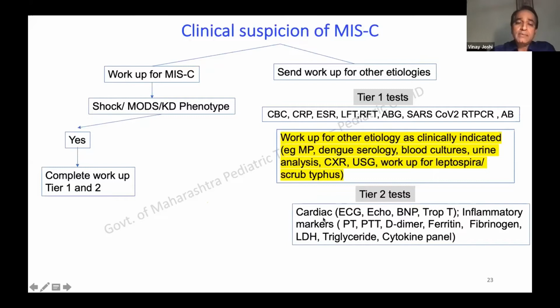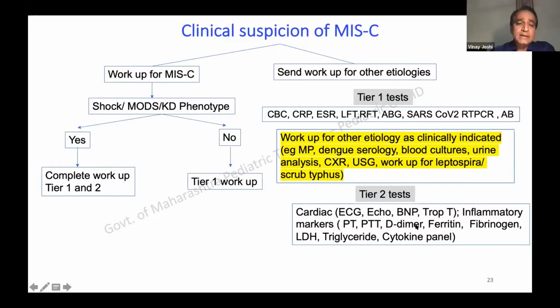There you do the cardiac evaluation in the form of ECG, echocardiography to look at the cardiac function and the coronary arteries. Do the lab cardiac markers like BNP and troponin-T. Other inflammatory markers like ferritin, fibrinogen, LDH, triglyceride, cytokine panel, and hematological parameters, coagulation parameters like PT, PTT, and D-dimers.